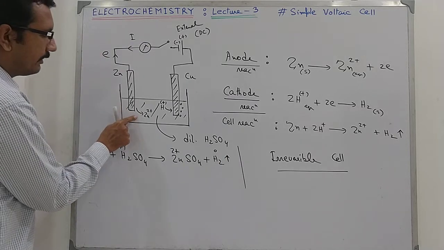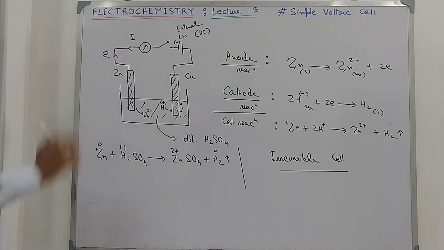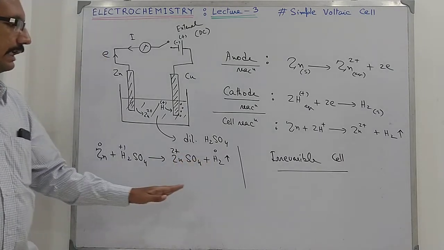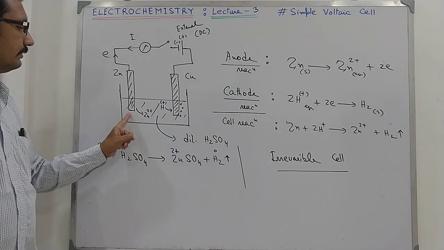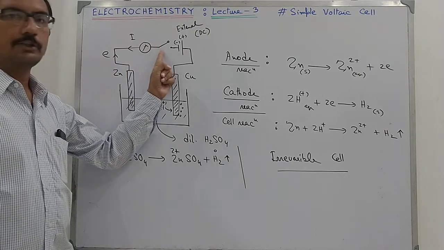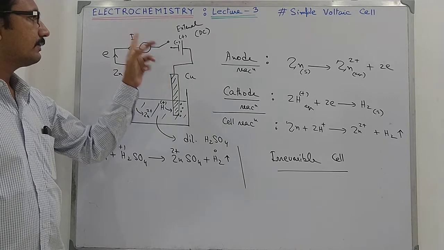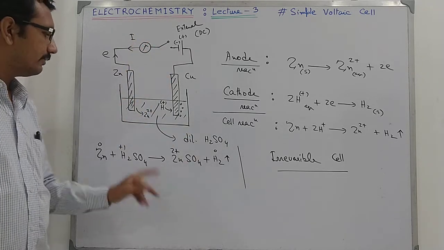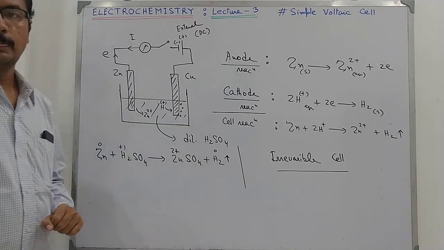Now you see zinc is in contact with dilute H2SO4, so what will happen? The reaction will continue. So we will have the liberation of hydrogen gas at the anode only when the external circuit is switched off, and when the external circuit is connected, we will find the liberation of hydrogen both at the anode and at the cathode.